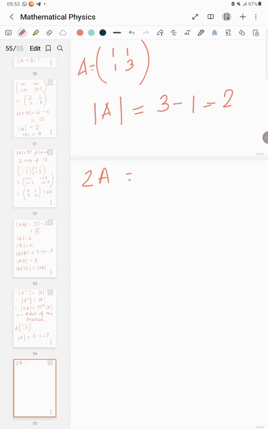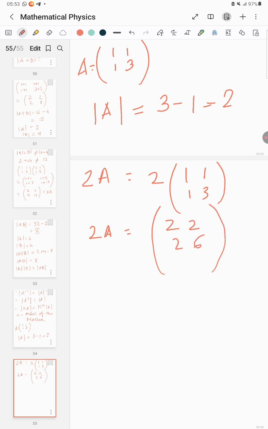So what would be 2A? 2 multiplied by 1, 1, 1 and 3. Now multiplying it, we get 2A equals 2, 2, 2 and 6. Alright, now determinant of 2A is nothing but 6 2s are 12 minus 2 2s are 4. So this gives us 8.